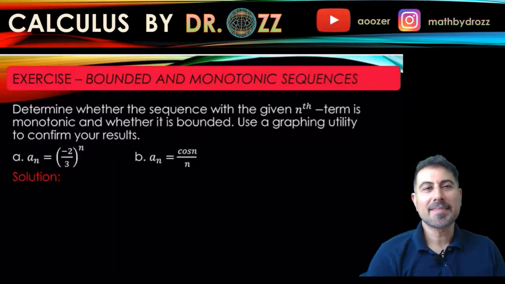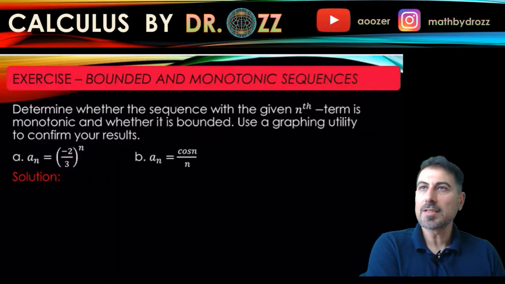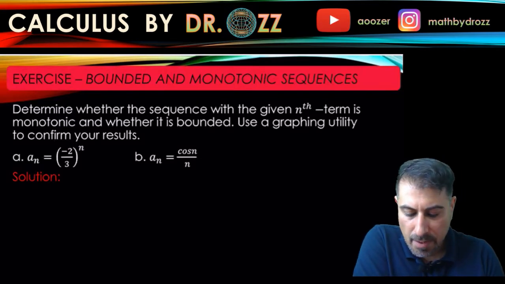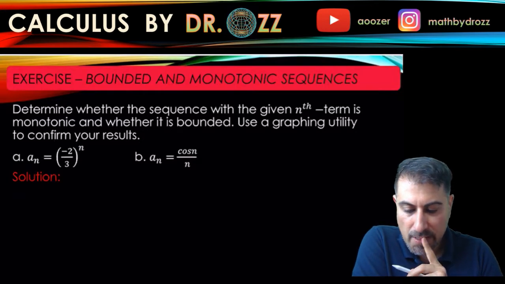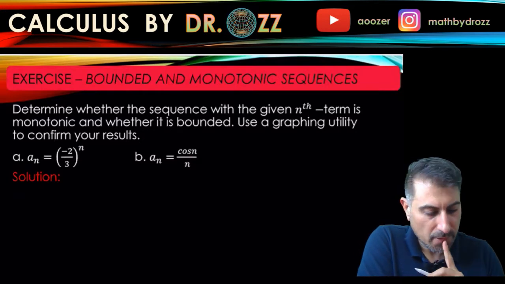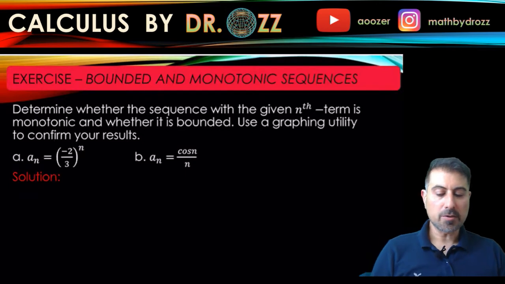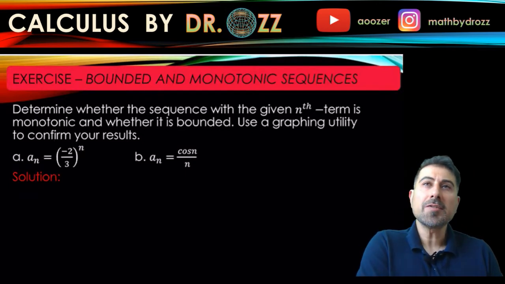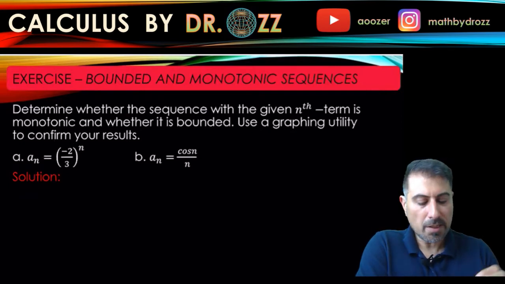All right, let's start with part A. So we have a_n equals -2 over 3 to the power of n. And let's see what we can say about whether it's monotonic and bounded. So there are alternate ways to check the monotonic behavior.